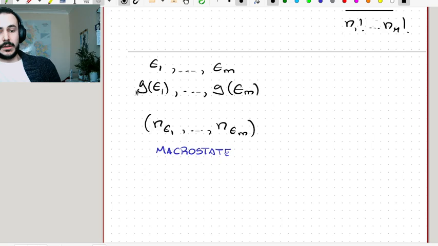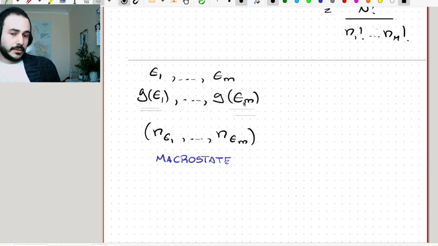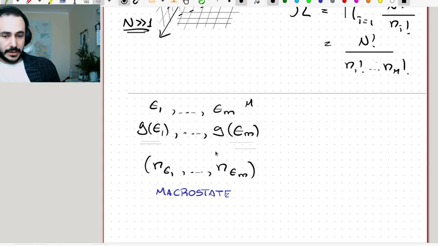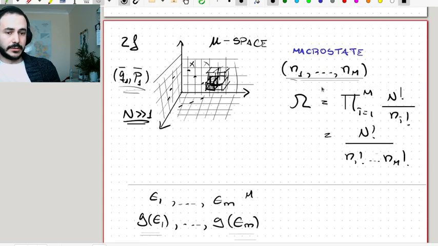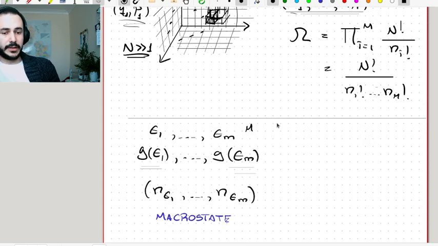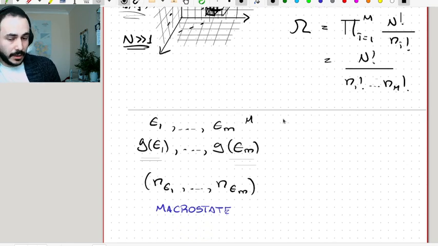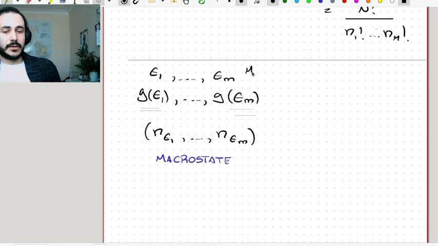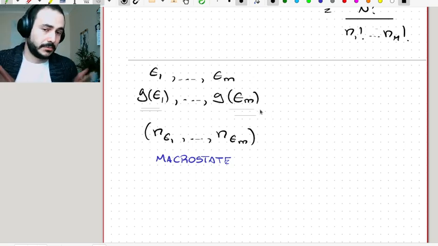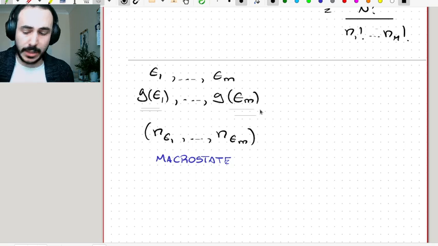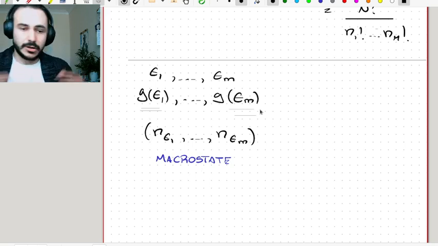Okay, so if all of these numbers are equal to 1, then this little m is actually equal to capital M, and this specification is identical to the previous specification, because we are saying that given the energy singles out one specific cell in the phase space. But in general, these G's are going to be larger than 1. Maybe not all of them, but some of them could be larger than 1, and actually some of them could be a lot larger than 1.